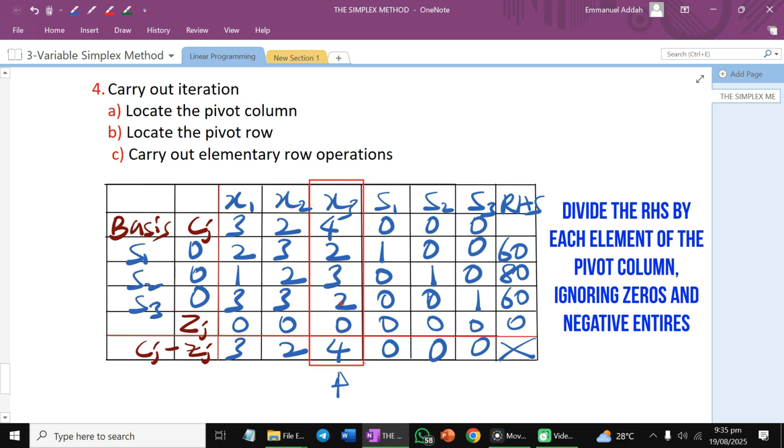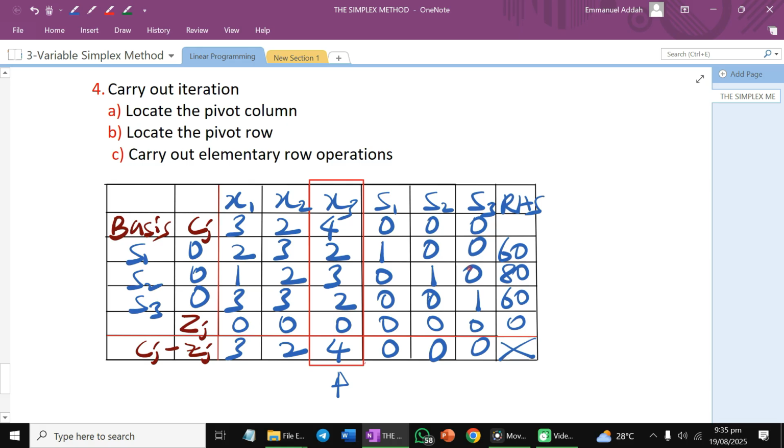You take the least value to be your pivot row. So here on my right, I can call this place ratio.